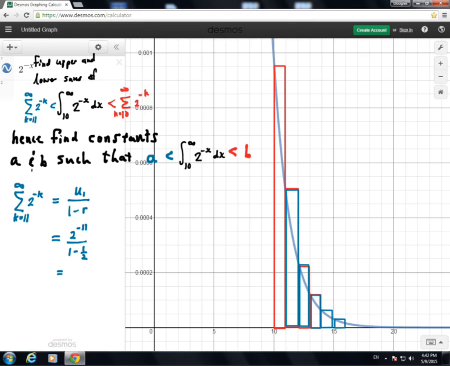So the total sum is going to be 2 to the negative 11 divided by 1 minus a half, which is 2 to the negative 10. 2 to the negative 10 will be the sum of all of these fractions added up from 11 to infinity. Using similar reasoning, I find that the upper bound is 2 to the negative 9. So 1 over 2 to the 9th, and 1 over 2 to the 10th represent the boundaries that confine my integral.